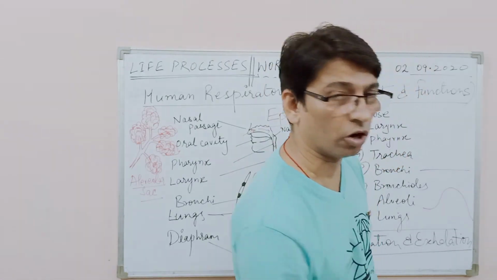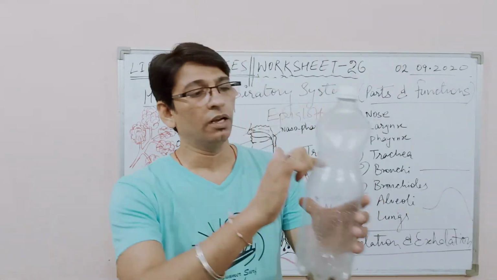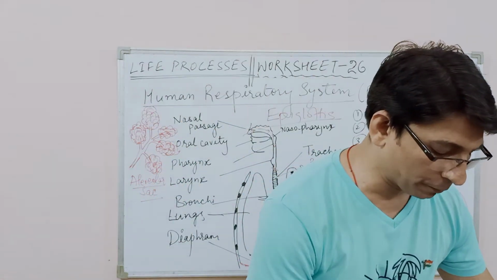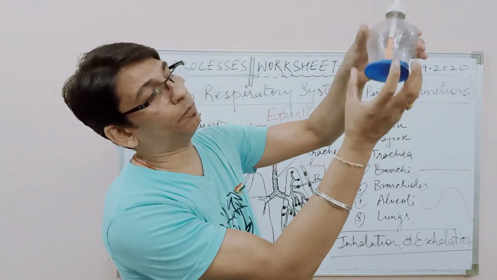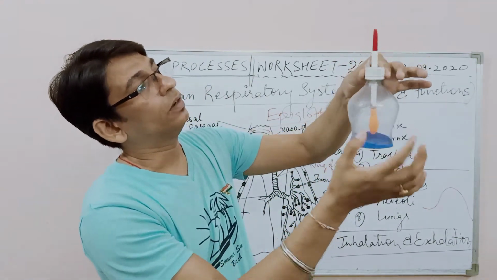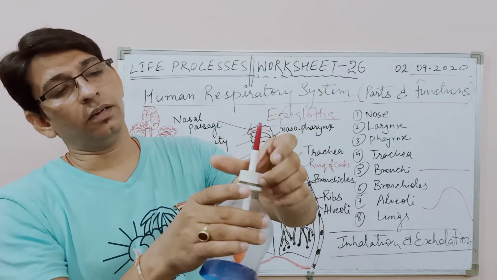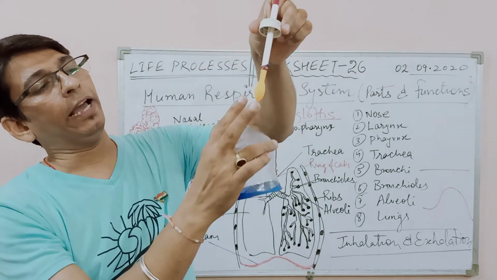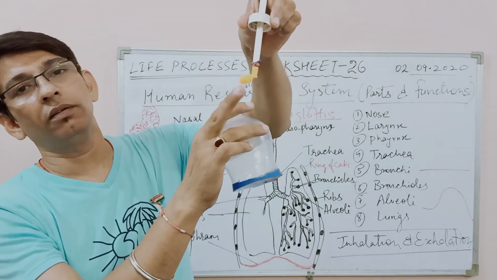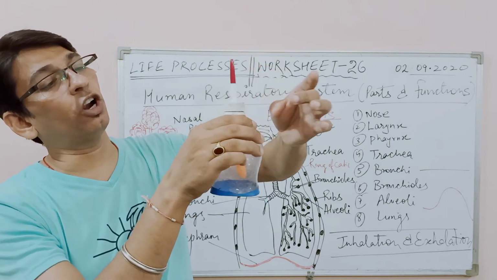I have just prepared a model of the respiratory system. I have taken a plastic bottle and cut it in half. See, a balloon is placed at the cut portion here. I have used a pen. This is a lid, with a hole made in the lid, and I have placed a small balloon here. Now we will see the role of the diaphragm.